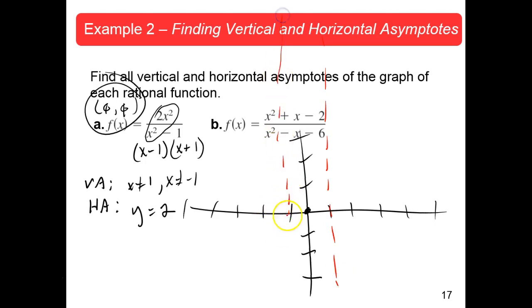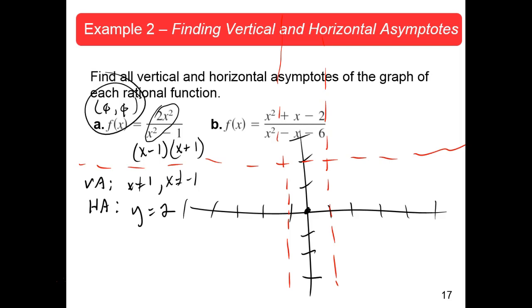My y-axis is not very straight, but something like that. And our horizontal asymptote is y equals 2. I'll put it in red too, even though the function can cross or touch it, no problem with doing that.